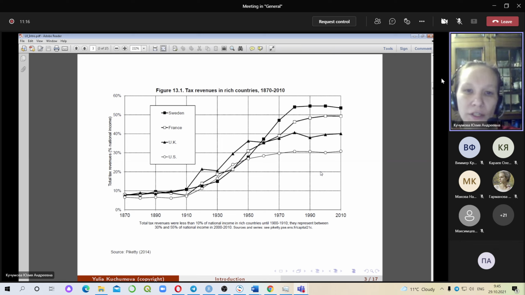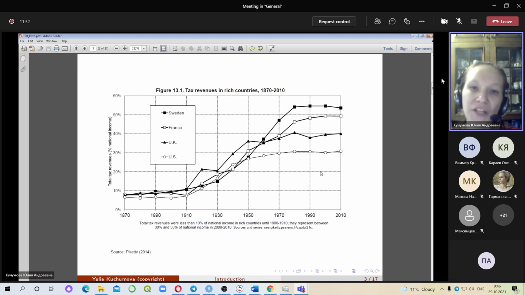To support that claim, I have here a graph that shows the tax revenue as a percent of national income for several countries, and you see that it rose quite significantly, starting from 10% in 1870 to 30-50% in 2010.